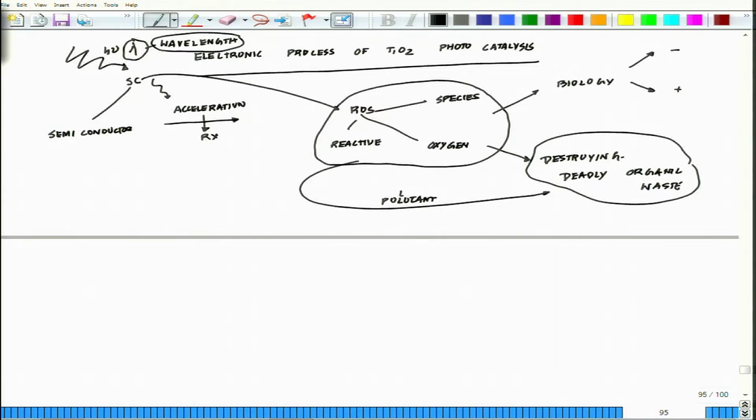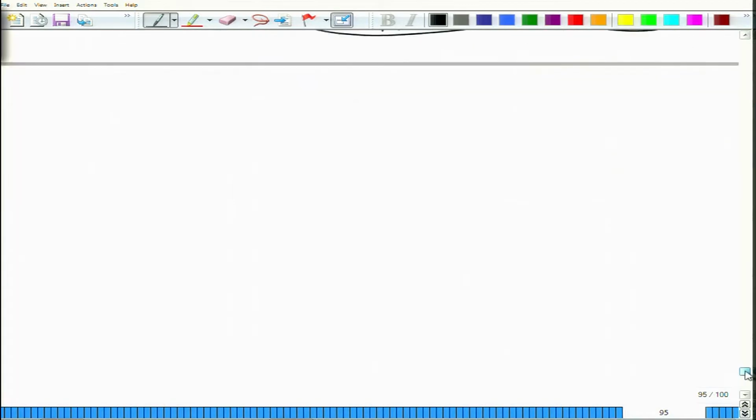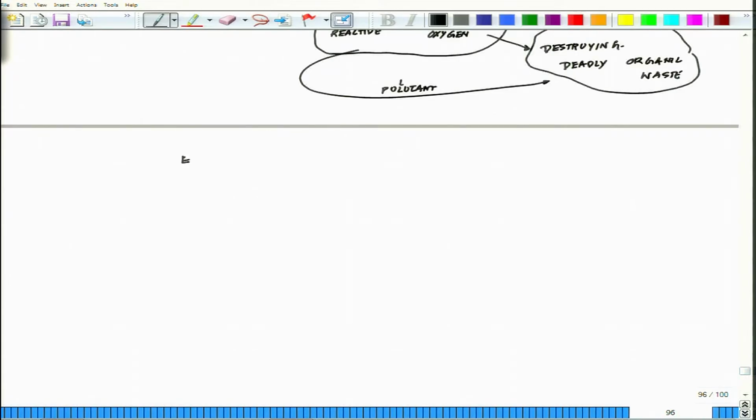It must be noted that during the photocatalytic reaction at least two events must occur, and this part is exceptionally important. There need for two events which must occur simultaneously in order for a successful production of ROS species to occur. What are those events? E1 and E2, for successful production of ROS, which is reactive oxygen species.